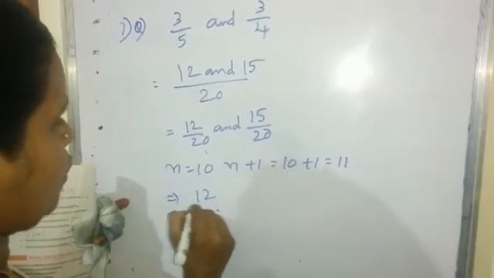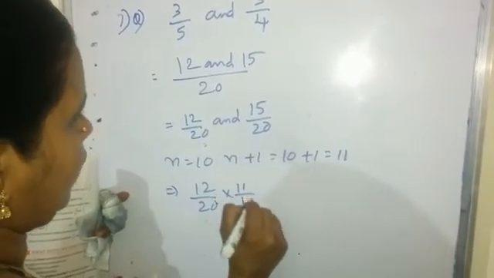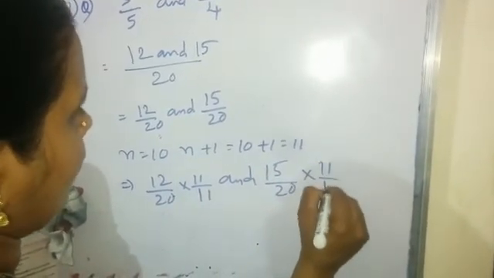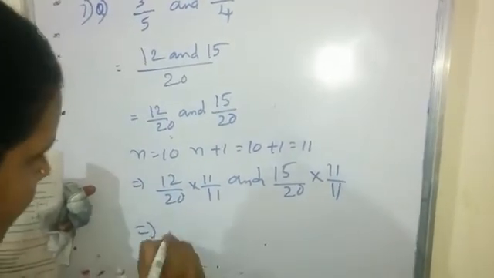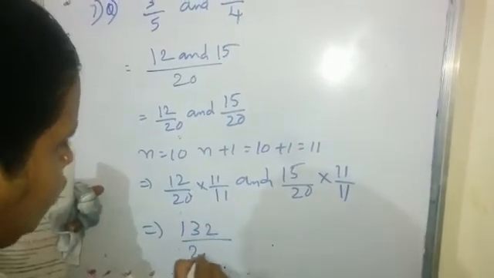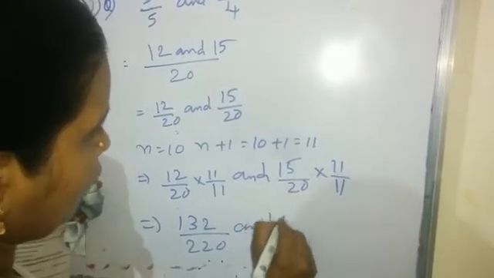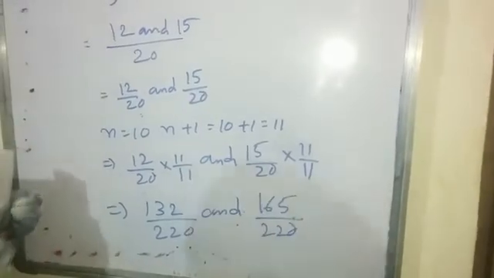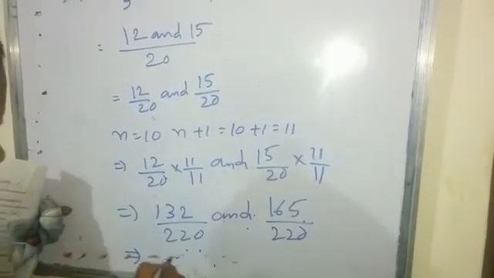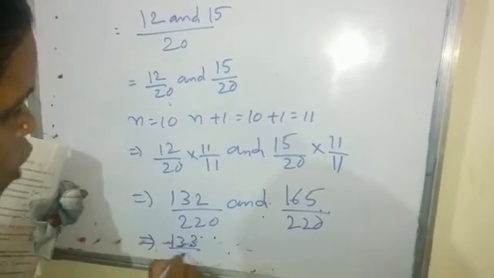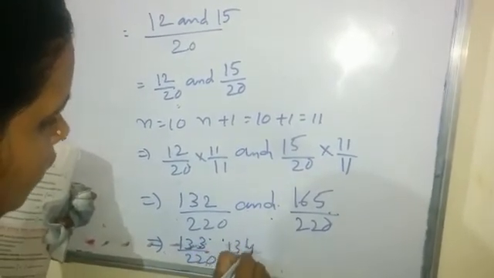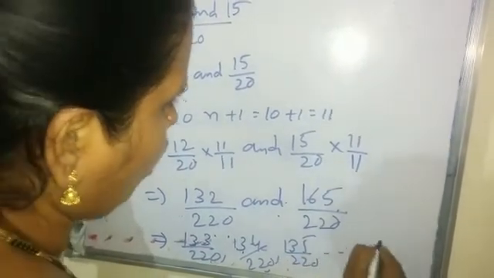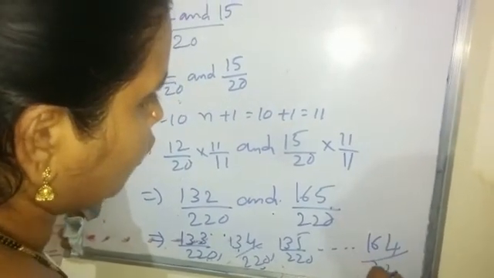So 12 by 20 into 11 by 11 and 15 by 20 into 11 by 11. 12 elevens are 132 by 220 and 15 elevens are 165 by 220. So we can write more than 10 rational numbers between the given two: 133 by 220, 134 by 220, 135 by 220 and so on up to 164 by 220.